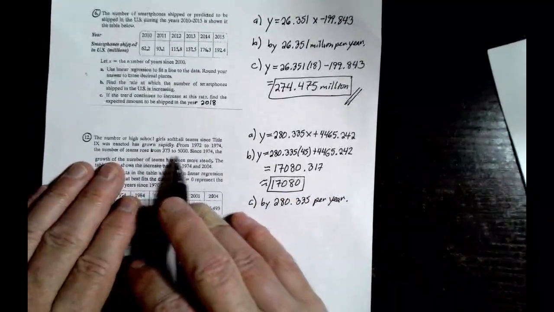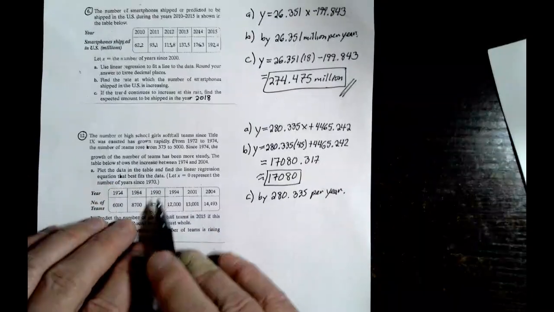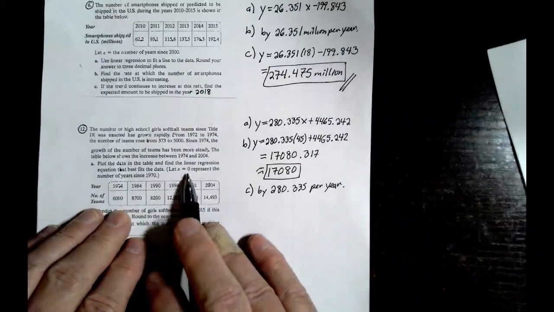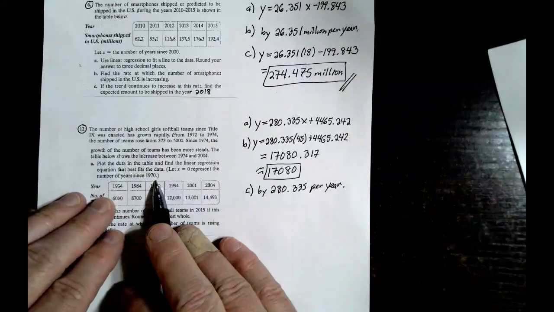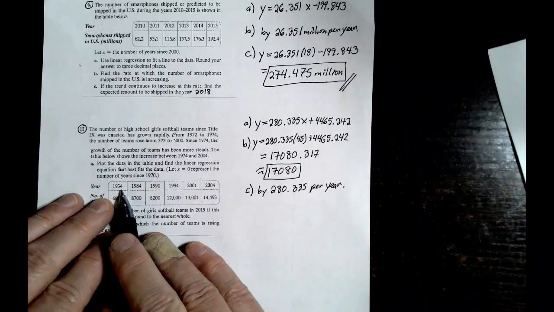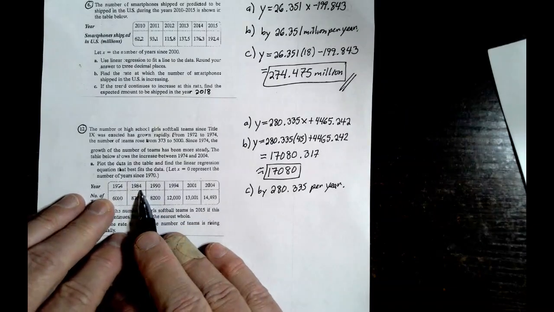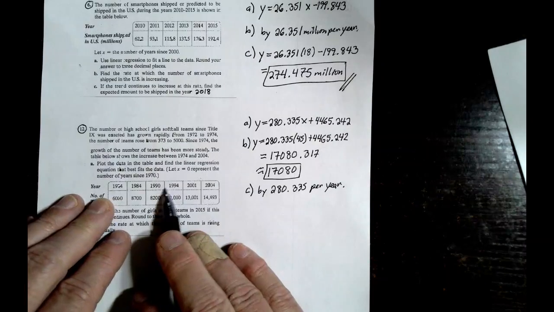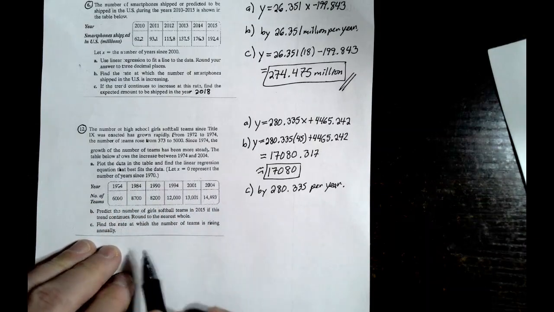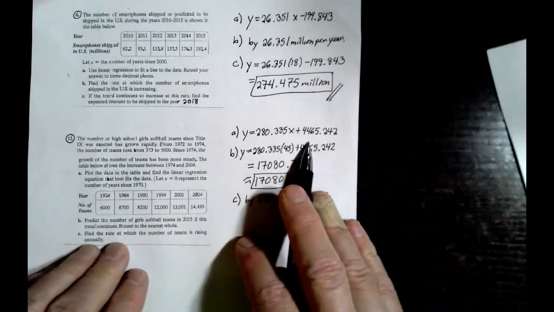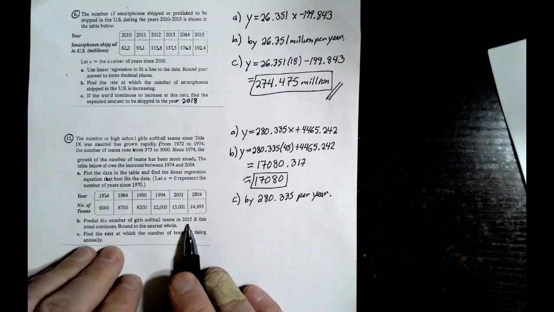Number of girls softball teams has grown, and here's your numbers, and it says X equals the years since 1970. So 74 is really 4, 84 is really 14, 90 is really 20, and so on. You can type in all those numbers, and you get this equation here. Now it says predict how many in 2015.